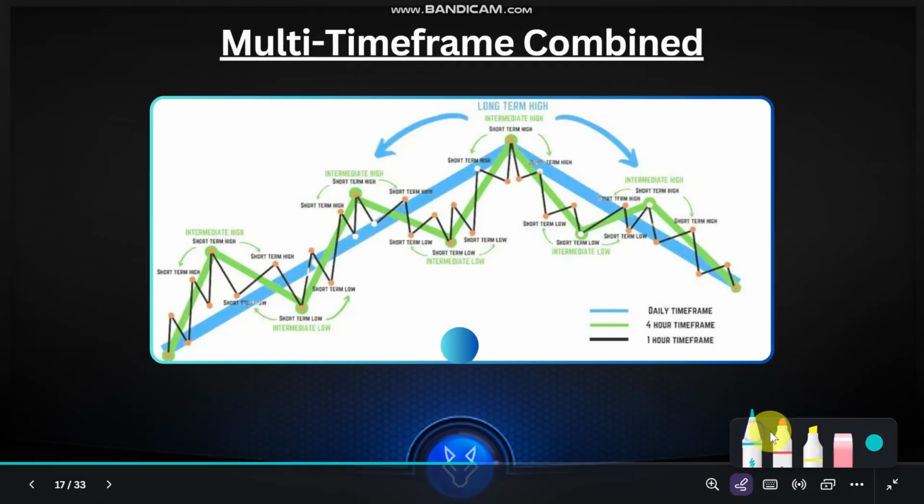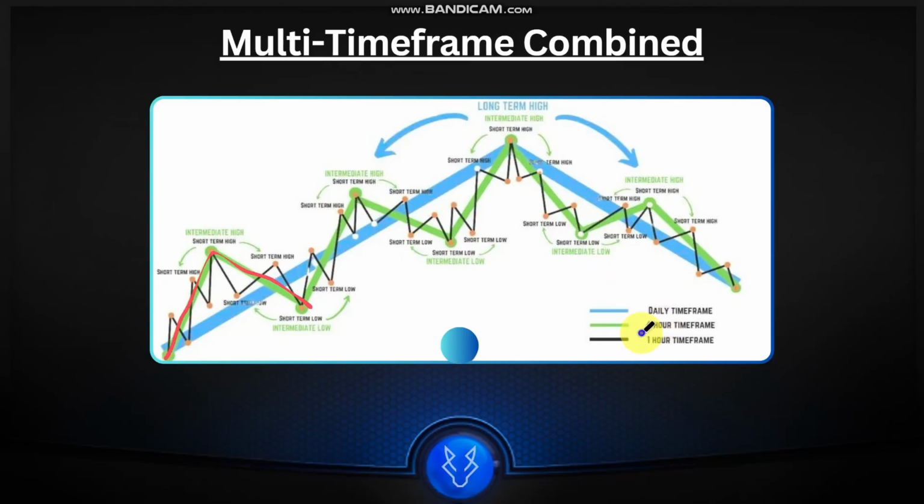Now the other one that you are seeing, let me give this a different color. This other one that you are seeing here, this green, this green that you're seeing is the 4 hour time frame, and that is the intermediate time frame, the medium.